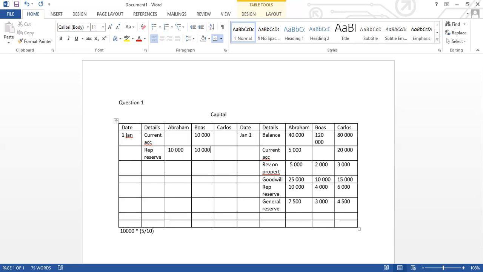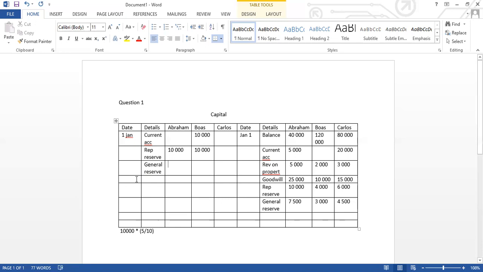And then again, we are told that all reserves should be written back. We have the other one, general reserve. The general reserve in total was 15,000, and then we wrote it off, or closed it off into the three partners, so that Carlos gets his share of the general reserve.